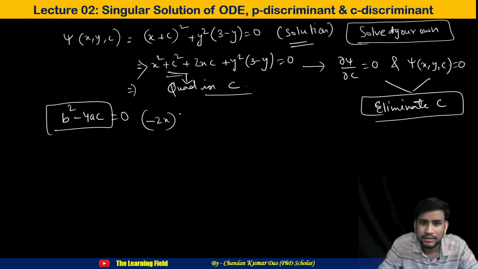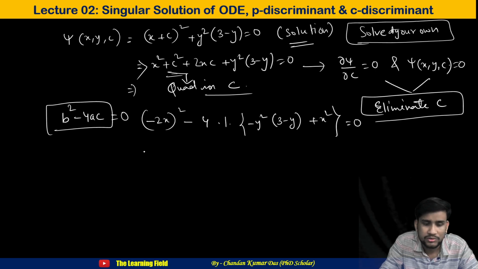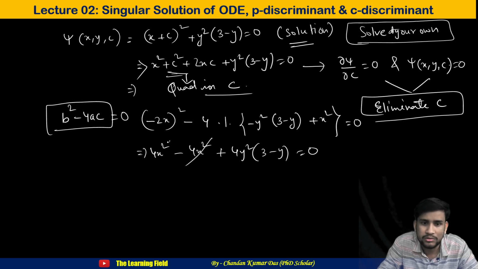That gives minus 2x whole square minus 4 into 1, the C coefficient being 1, into y square 3 minus y plus x square, equal to 0. So this implies 4x square minus 4x square plus 4y square into 3 minus y is equal to 0.